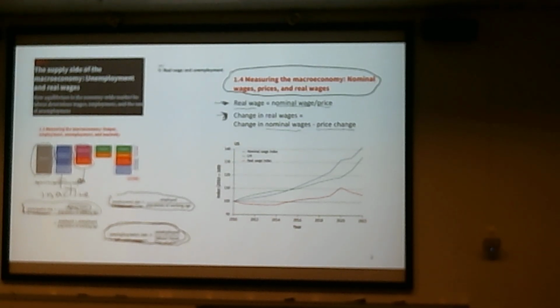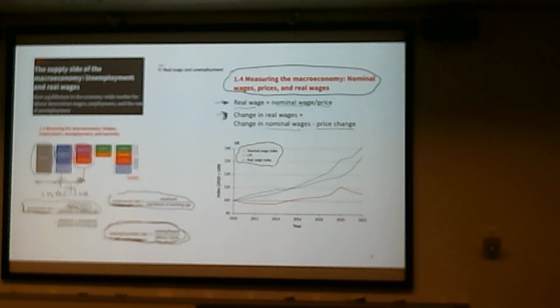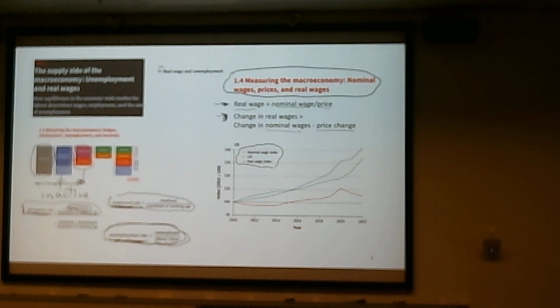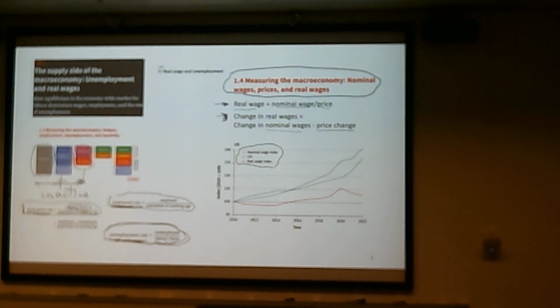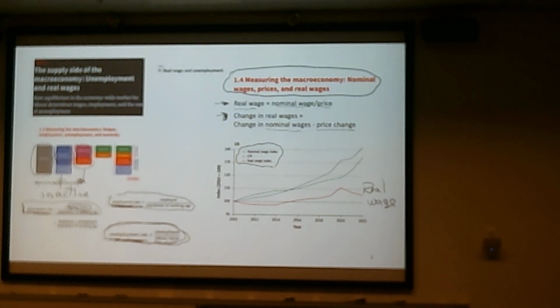What do we find here? We find both the nominal wage, CPI and real wage. If we look at the red one, it's the real wage. Suppose you only had the real wage. How can you use it to explain more?